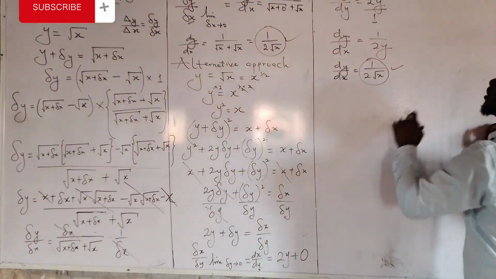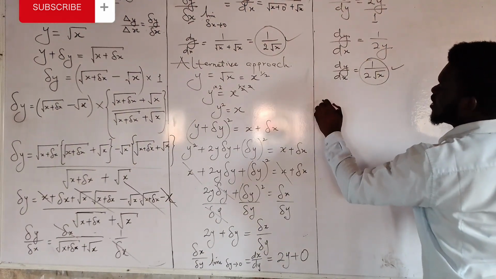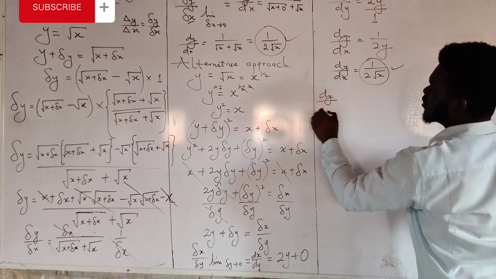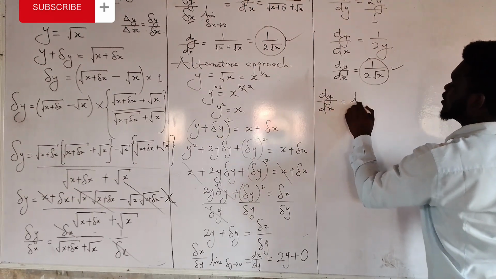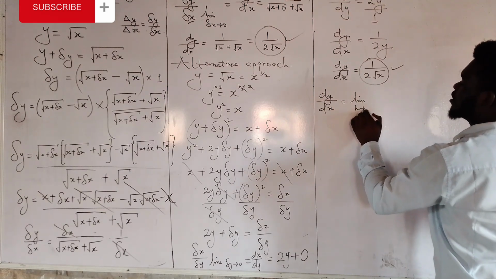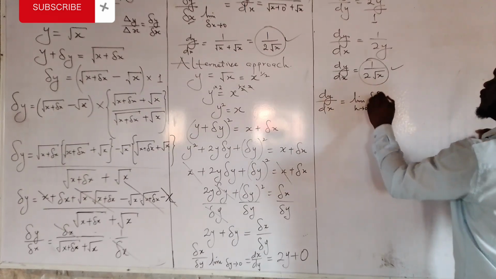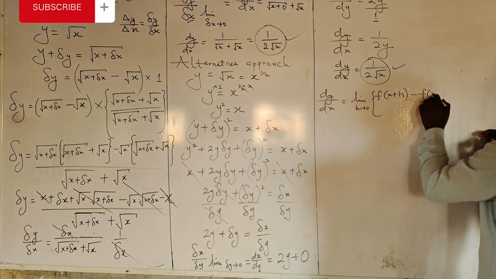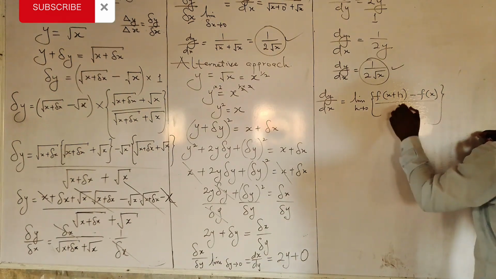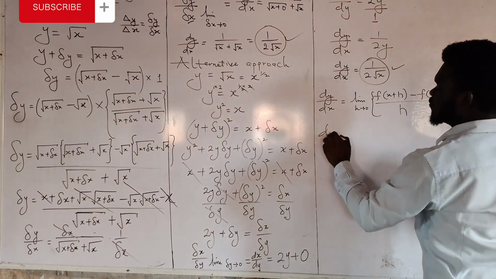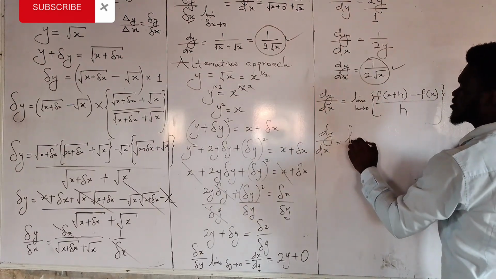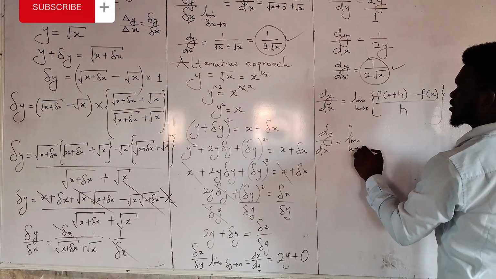Now, either you use this or you use the definition of a derivative, which I've already explained, that dy/dx must be equal to the limit as h tends to 0 of f(x plus h) minus f(x), all divided by h. So therefore, dy/dx will be equal to the limit as h tends to 0.